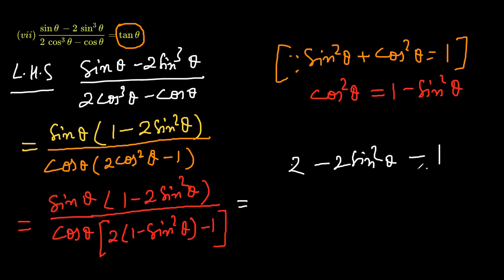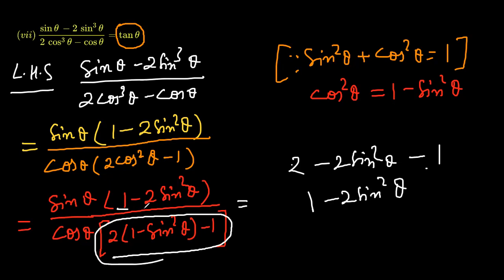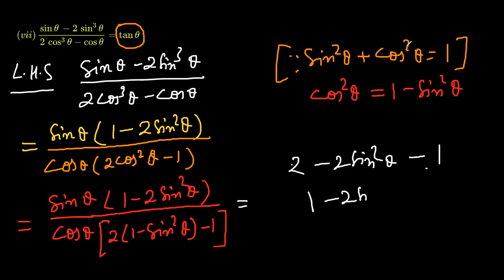Now this 2 minus 1 is 1. So 1 minus 2 sine square theta. Do you see? This part is same as this part. So what we can say is these two terms can be cancelled.